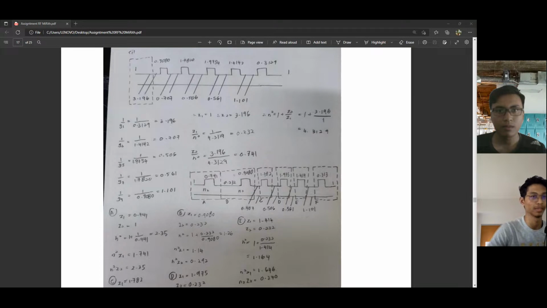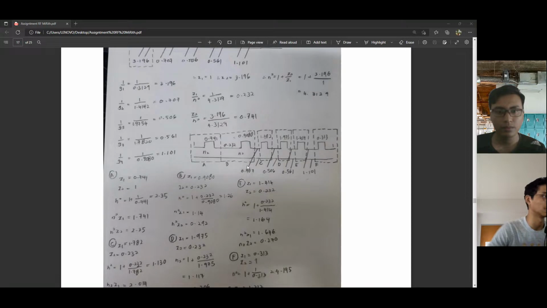So that is the first step, the Richards transformation, and then the second step is to implement the Kuroda identity. So this is the implementation of the Kuroda identity, and this is the calculation.